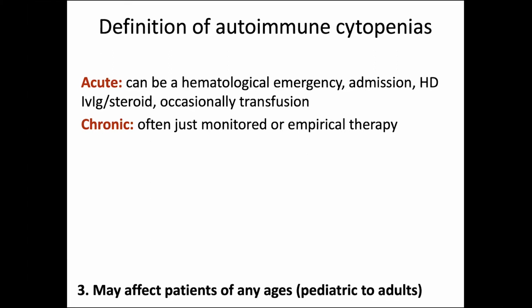This is in contrast to chronic cytopenias, when you have a smoldering disease, and the platelet count or hemoglobin and hematocrit can be just below normal or decreasing slowly. In this case, many of the patients are monitored only empirically and treated as needed.